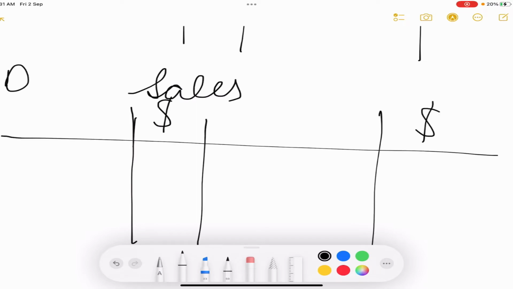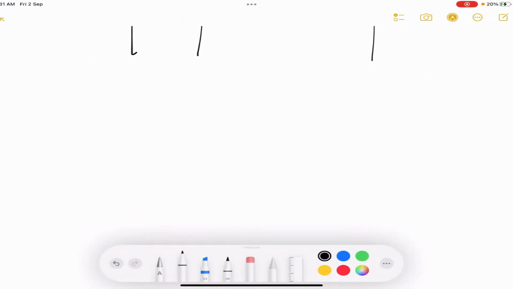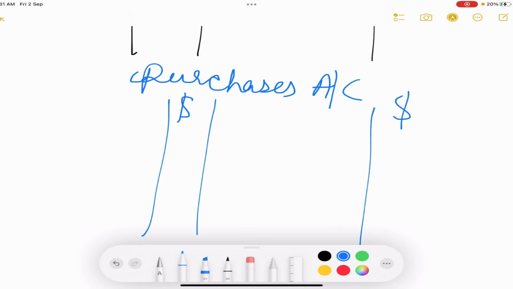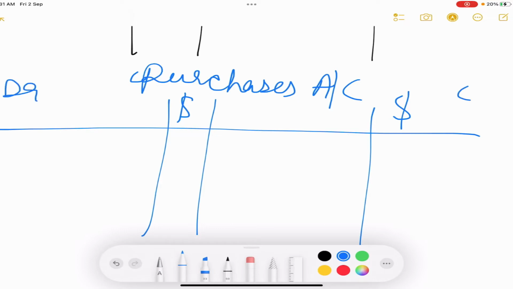This side is always the debit and this side is the credit. We also have the purchases account, if you can recall from the question, right? So let's make a purchases account too. Particulars, amount, and then we have a debit side and a credit side.